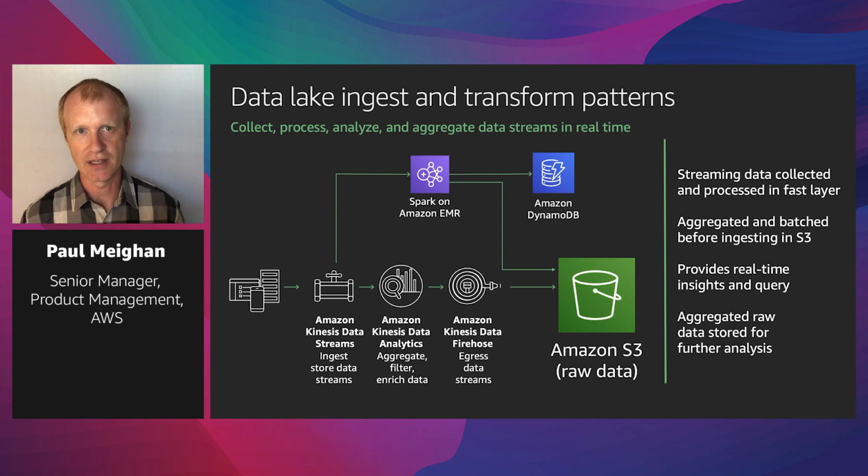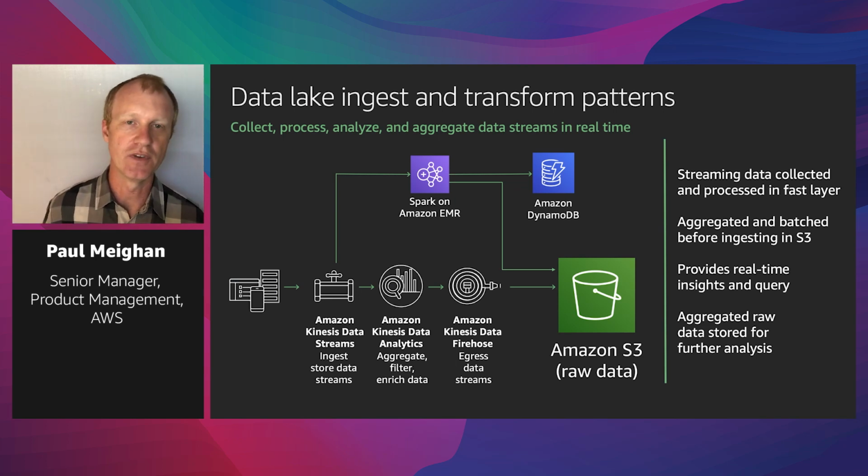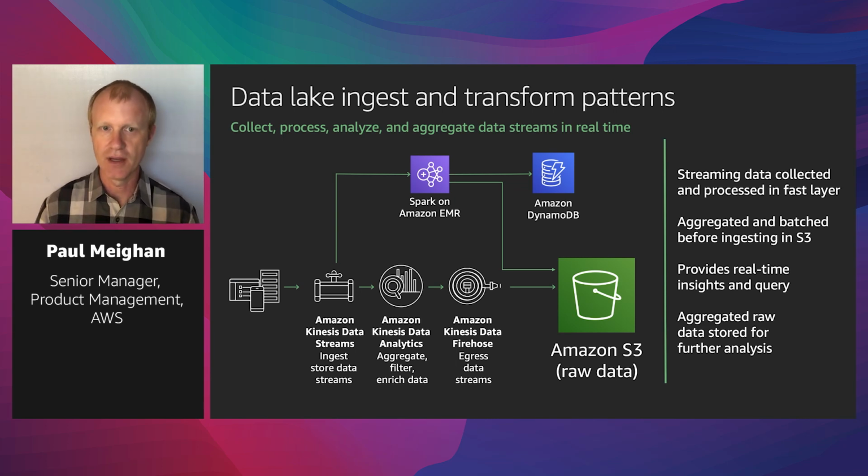Firehose is a great way to employ those tools to land in that ideal format, so that you can very efficiently operate against data moving down the line. Okay, so that's the real-time ingest pattern using Kinesis to get your data into S3.